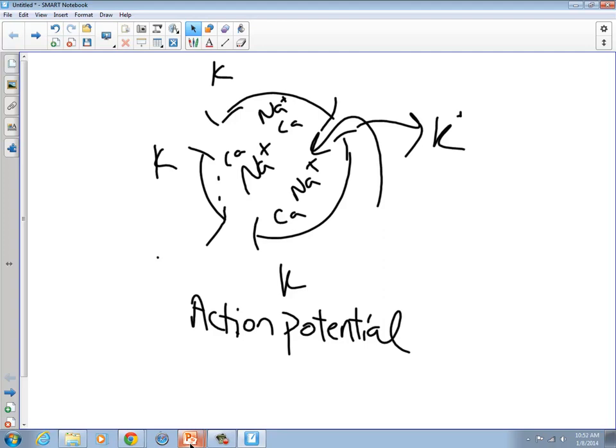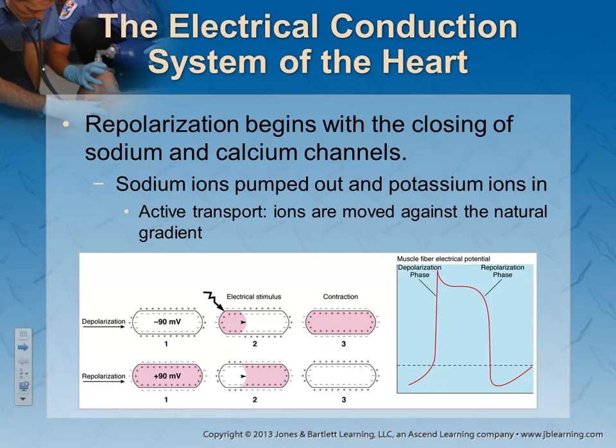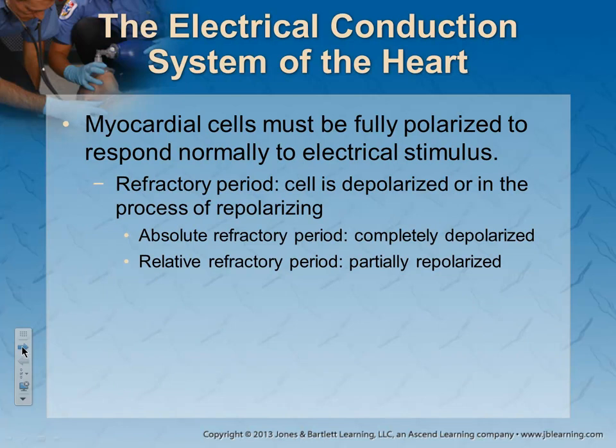Right, right. And it's all relative to the outside, all right? And I've got a little bit better picture here in just a minute. So that is all part of active transport. This little chart right here, I'm going to show you a little bit more here in just a few minutes.